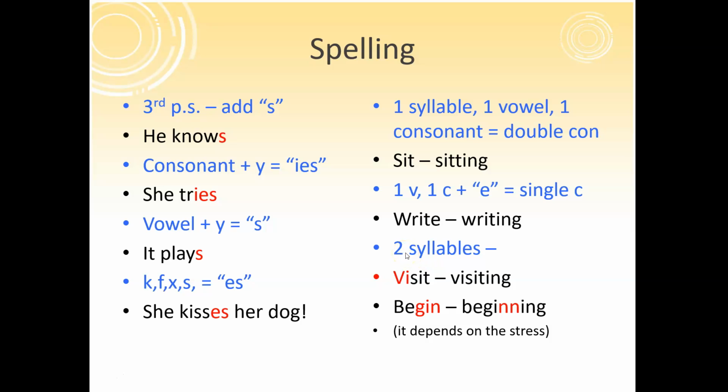And if your verb has two syllables, you look at how you pronounce the verb and then you make a decision. So based on where you put the stress on your verb. For example, in this one I say visit. I don't say visit. So because my stress is on the first syllable, then I do not double my consonant, visiting. But if I say begin, I'd like to begin, I don't say begin, so I have to double my consonant.